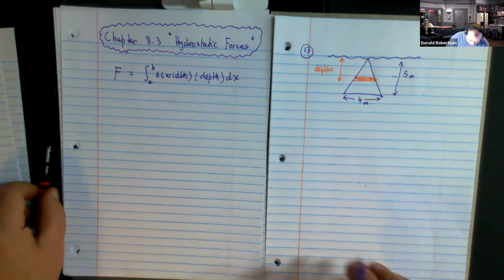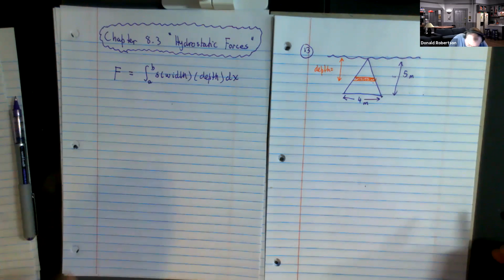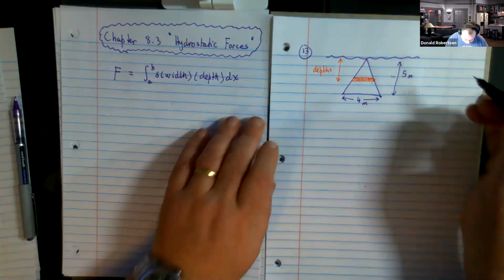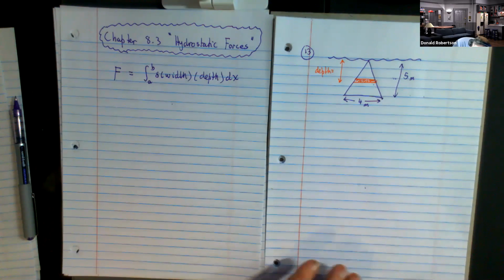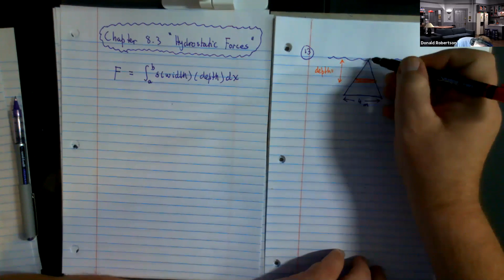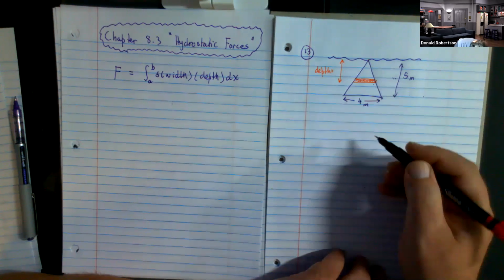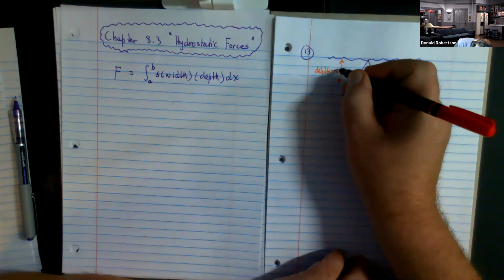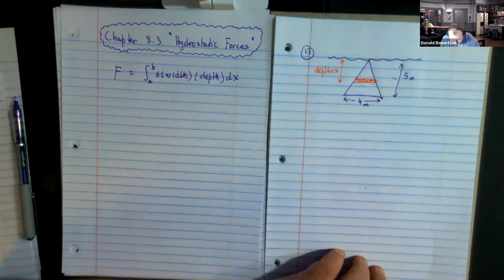Okay, so in this particular situation, there's probably only one sensible way to do it. So I won't show you any of the other two. But the tip is on the surface anyway. It goes something like that. And the distance from the top to the strip is called the depth.